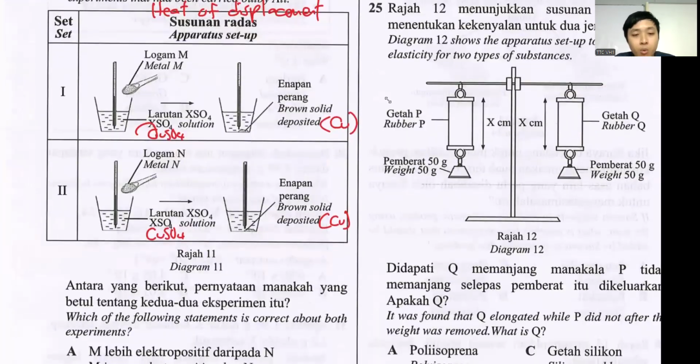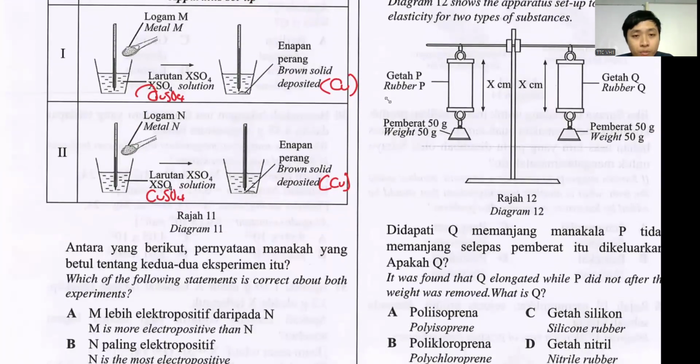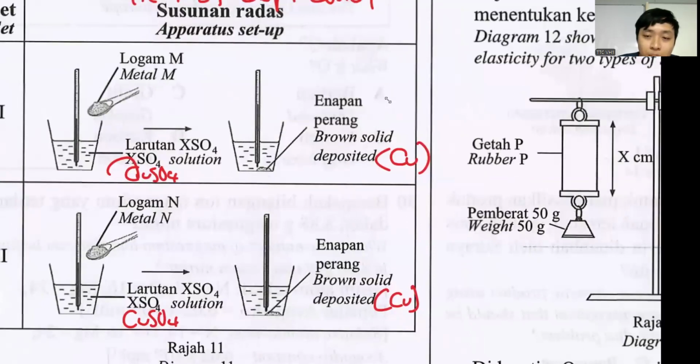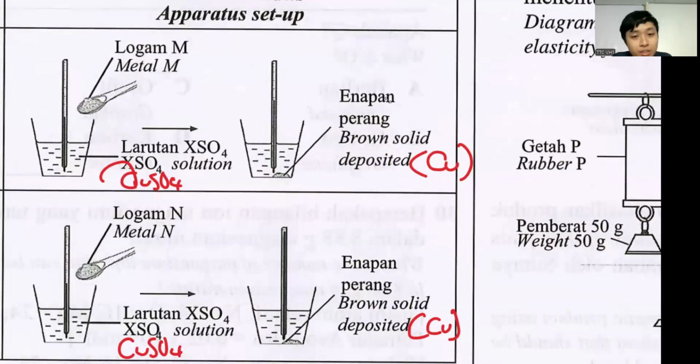So which of the following statements is correct about both experiments? Be careful with one thing. You look at the thermometer. The thermometer is a bit detailed. Look at which one has bigger changes, temperature increase a bit higher. Metal M or metal N? You see this is the reading, the starting, then the ending.